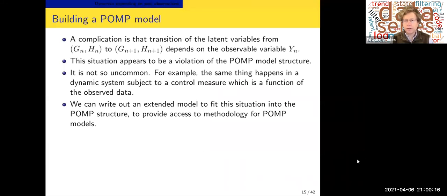If you have a controlled system, then something is done to the latent process, and how is it controlled? Well, it has to be controlled based on what you measure. So the control is going to be some function of Yn, and so the control dynamics are going to have the observations entering. Now, we can extend the POMP model to deal with this situation, and that's what we have to do.